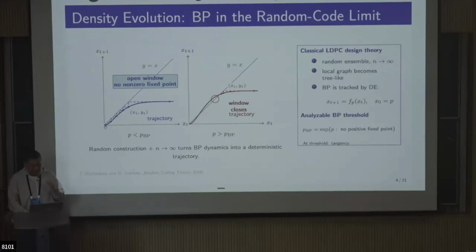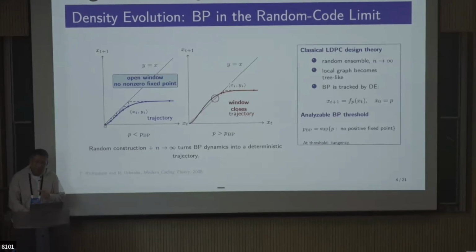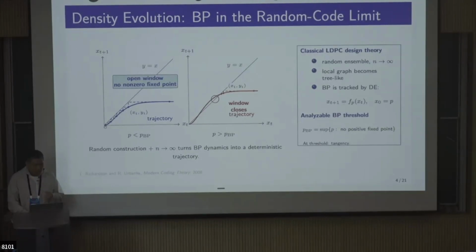With column weight 3 or above, the gradient, the derivative, is always 0. So the window is always open with column weight 3 or above.